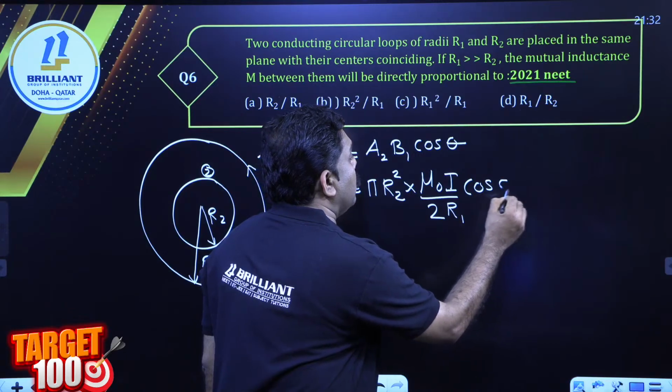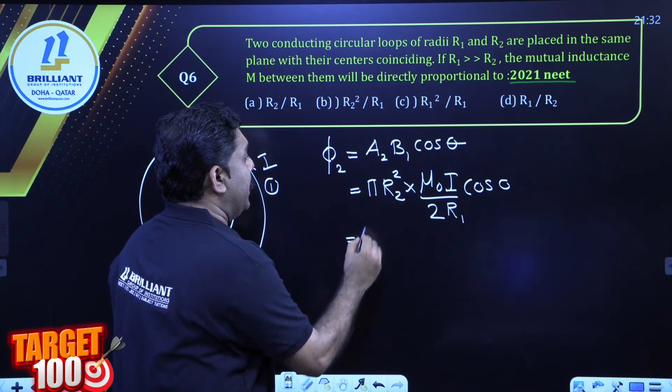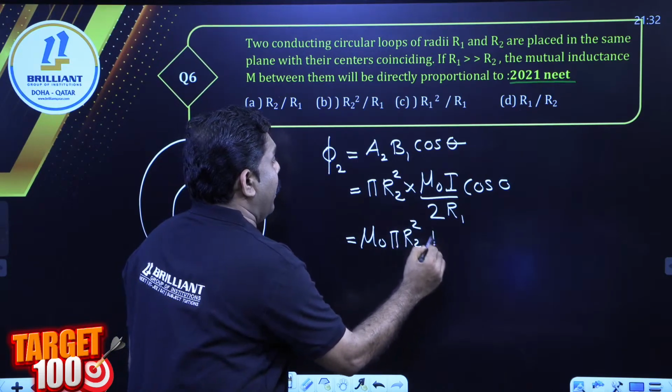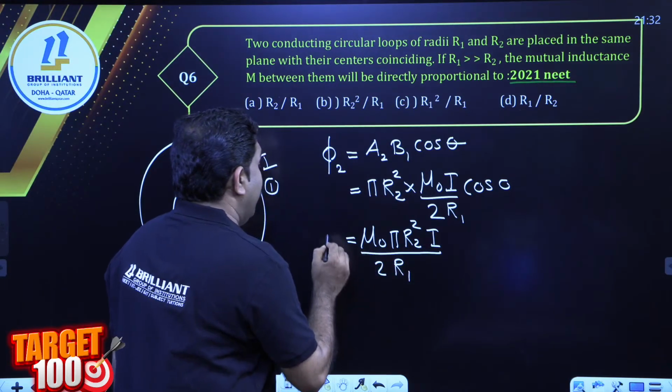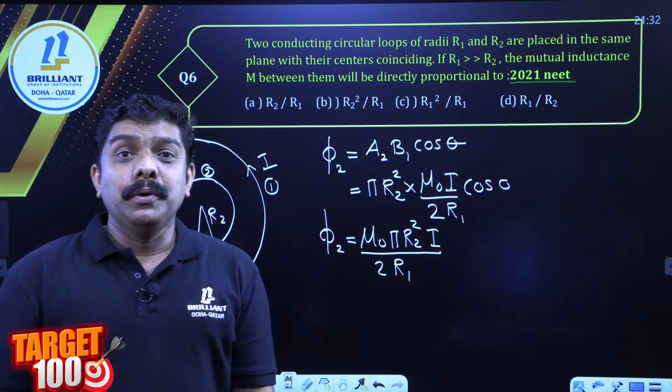So it is cos 0, and cos 0 is 1. So I can rewrite: mu naught pi R2 square I divided by 2 R1 is the flux linked with coil 2.